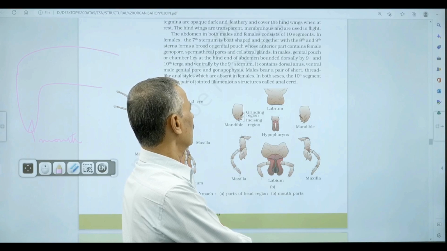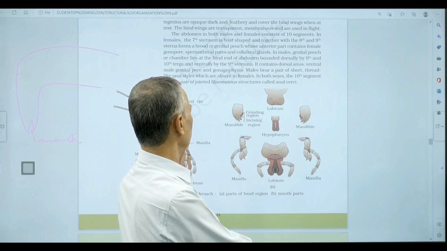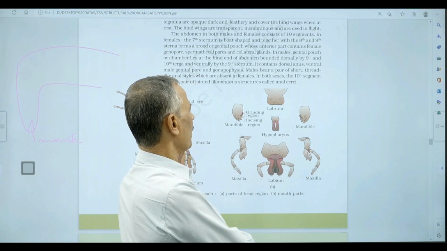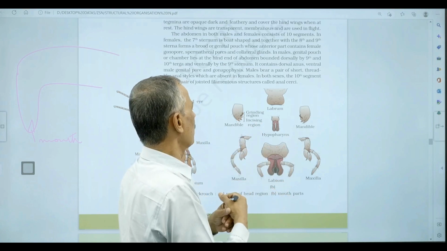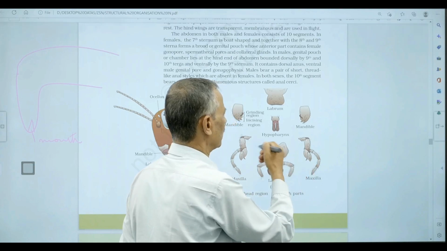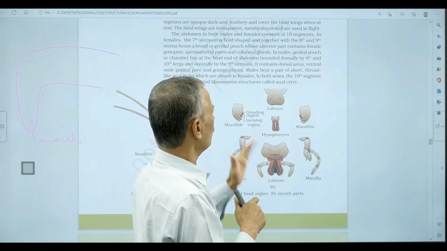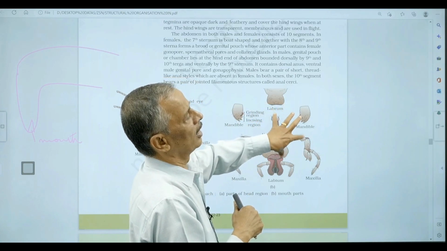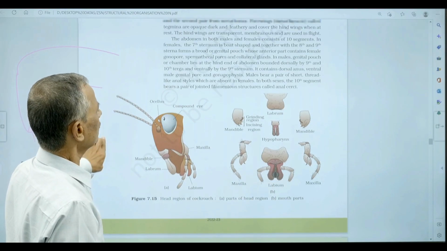Mandibles are hard tooth structures which are helping in tearing food materials, and a pair of maxillae. These maxillae are helping in pushing the food into the mouth. Both maxillae and labium are having long sensory palps which are helping in touching and feeling. So mouth parts are both helping in feeding and acting as sensory organs.